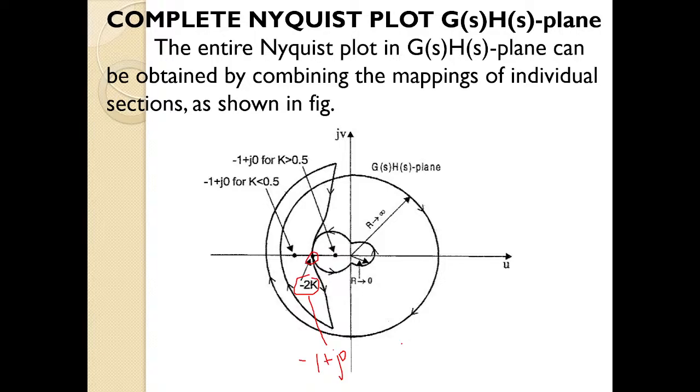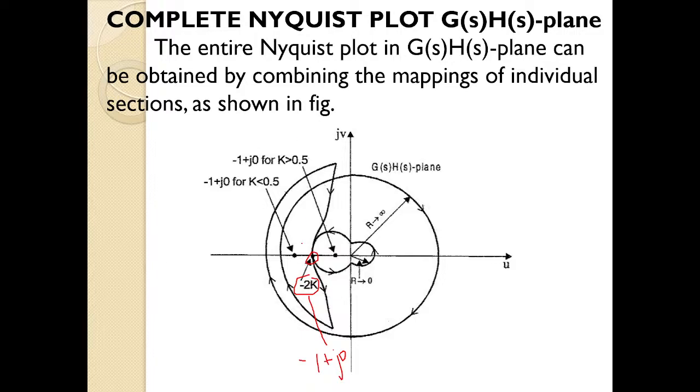K value is equal to 0.5 when you are assuming minus 2k is equal to minus 1, isn't it? You have assumed minus 2k is equal to minus 1, so you will get k value equal to 0.5. Now it was just an assumption.